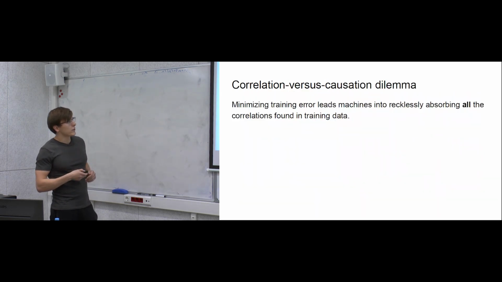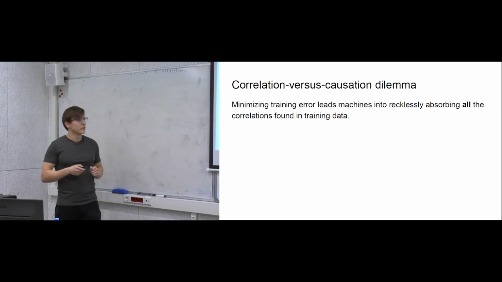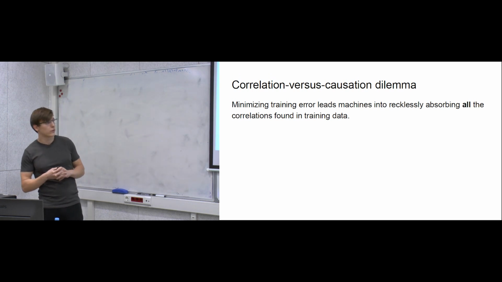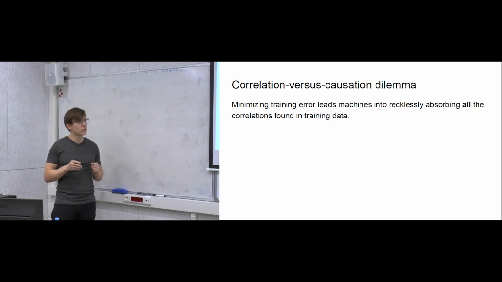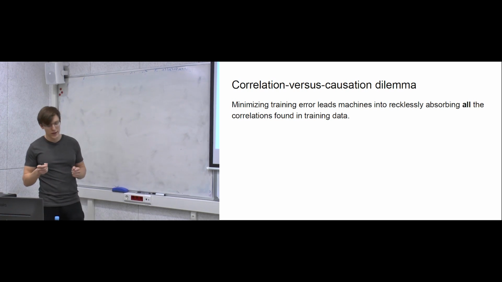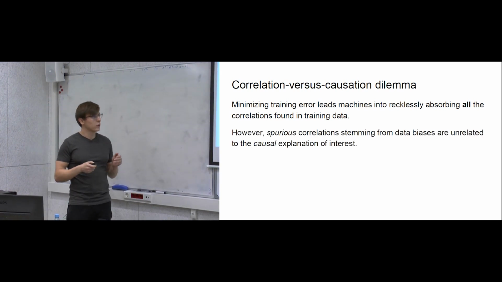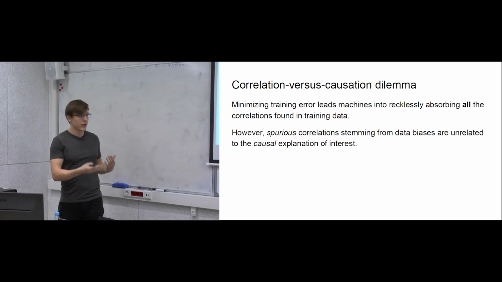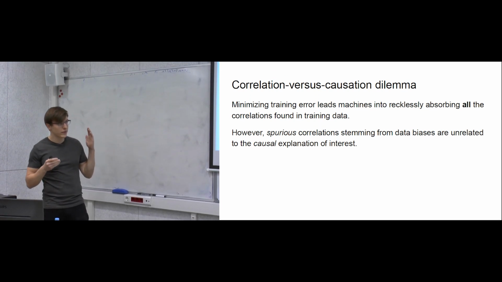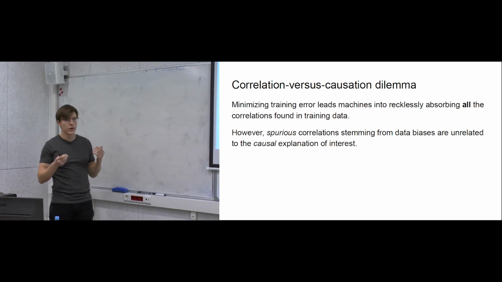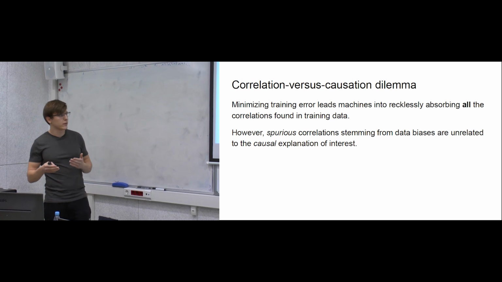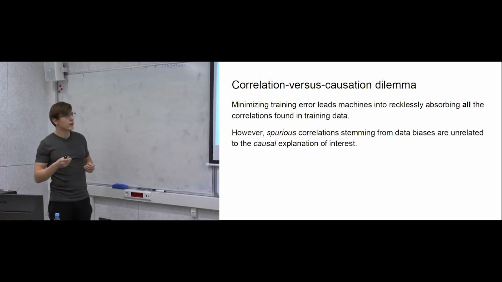And here we come to the classical correlation-versus-causation dilemma. You see, our modern machine learning algorithms tend to absorb all the correlations they can find in data. And in data, we can find a lot of spurious correlations that are induced by various biases. Those biases can be some random factors or our way of collecting, processing data.